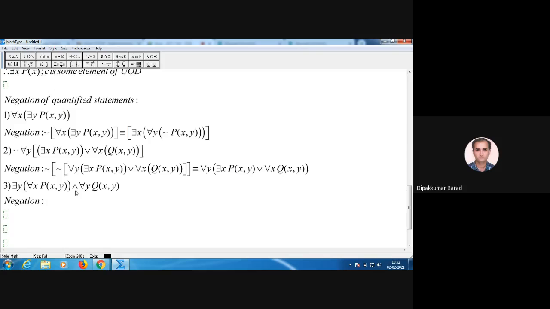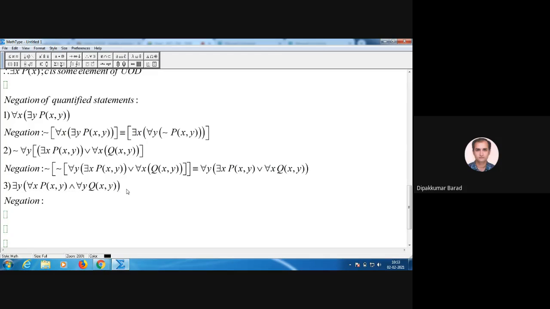So I have to write these things in the bracket. Now write down the negation for this given statement. Try yourself and write down the negation for it. What do you get here?